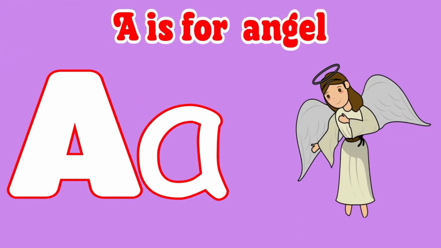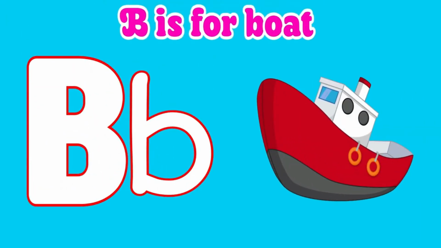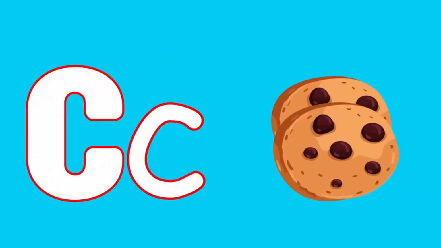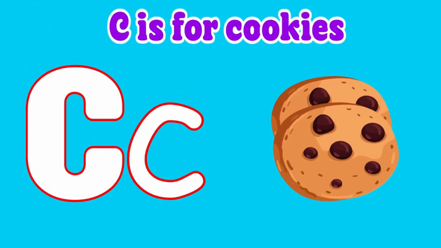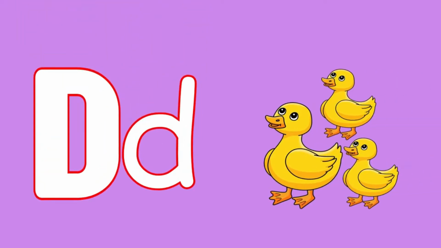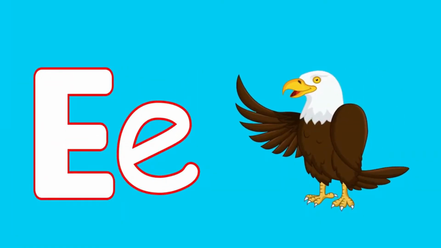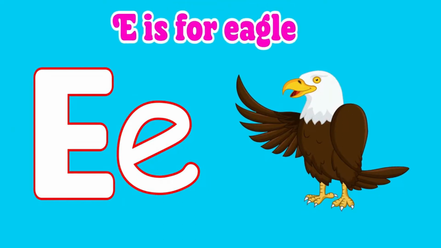A is for angel. B is for boat. C is for cookies. D is for ducklings. E is for eagle.